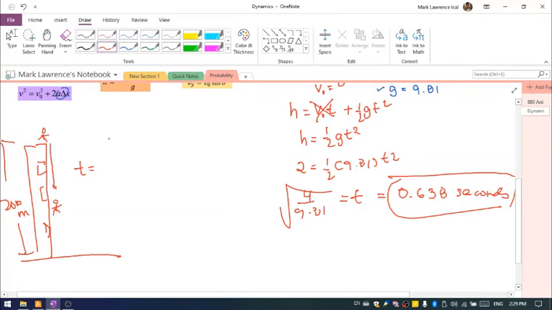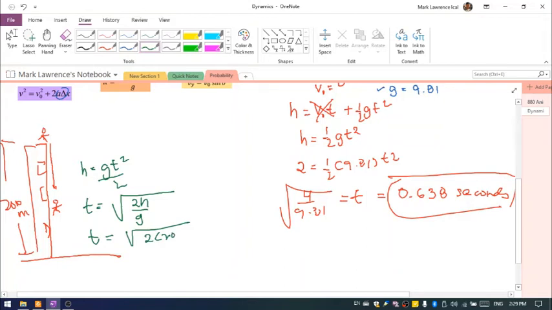This is basically the same formula that we used a while ago. H is equal to G T squared over 2, so the time is the square root of 2H over G. T is equal to the square root of 2 times 200 over 9.81, so basically 400 over 9.81.